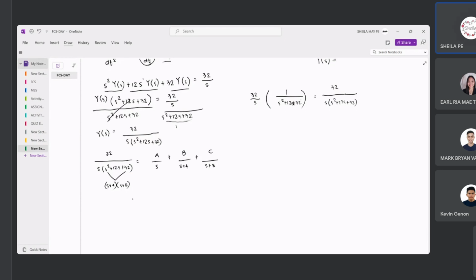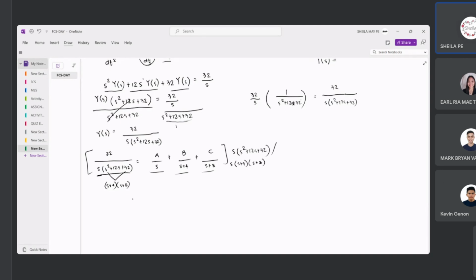Okay, so multiplying this whole equation by s squared plus 12s plus 32, or you can write this as s times s plus 4 times s plus 8.